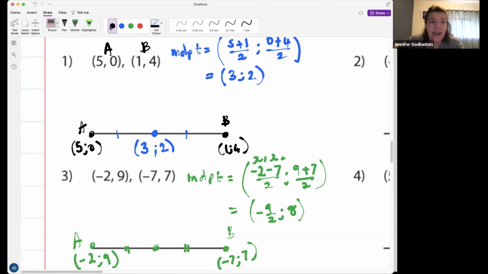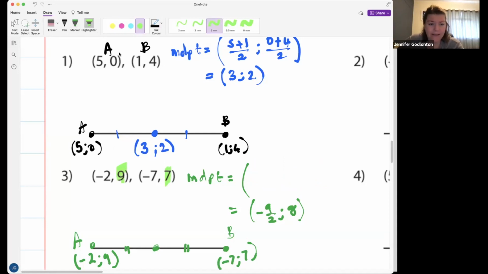You absolutely add. So let me show you what's happening and the reason why I didn't write the adding, because you absolutely are adding. I'm just going to do some highlighting over here. So those are my y's, the ones I'm going to add together. And those are my x's, which I'm also going to add together. I'm going to have -2 plus, in brackets, -7. Those are my blues.